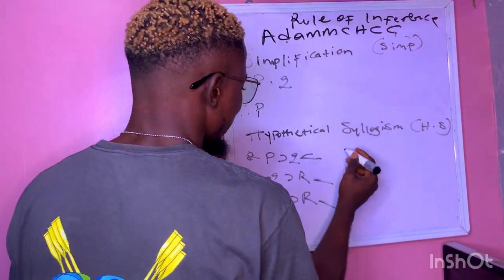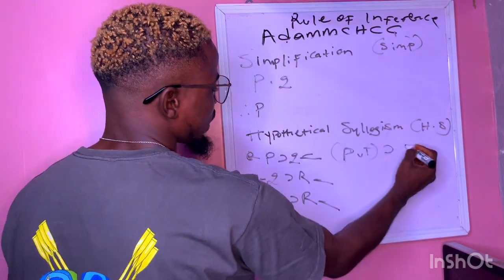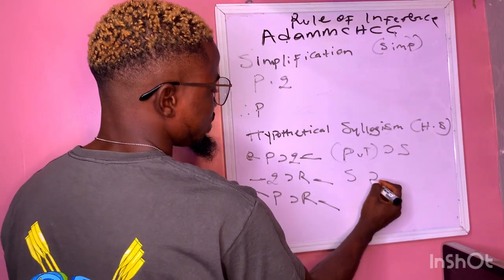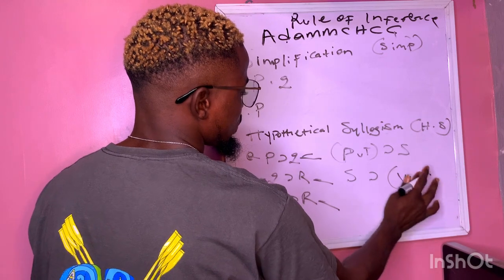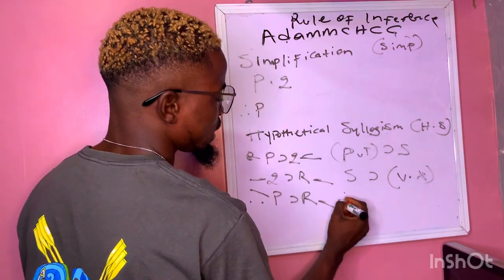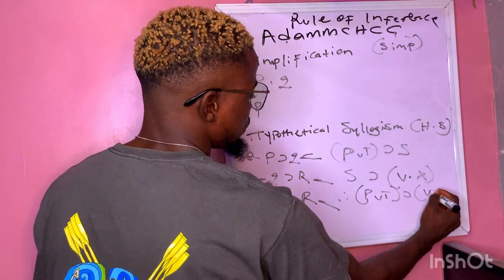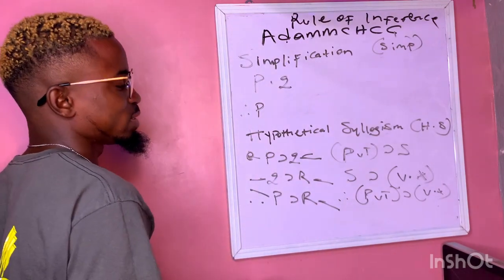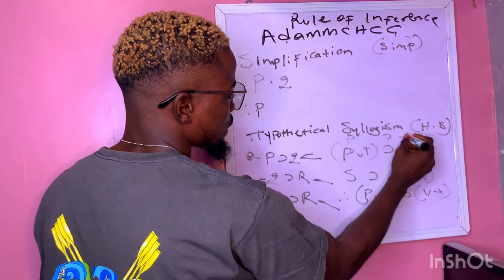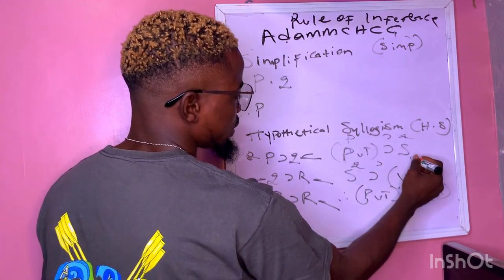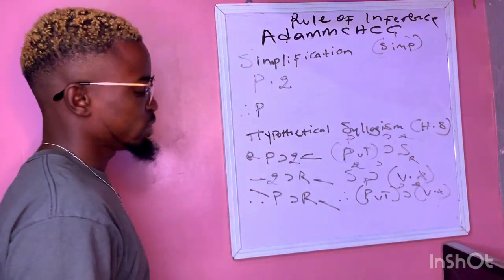And like I said, the content can change. It can be in any form. It can be something like P or T in parentheses implies S, then S implies V and X. You can say therefore P or T implies V and X. Like I said, as long as it is already inside this parenthesis, it means one thing, and it can stand as our P. So P implies Q, Q implies R, therefore P implies R. So it's as simple as that.